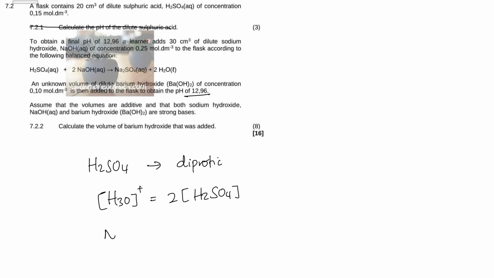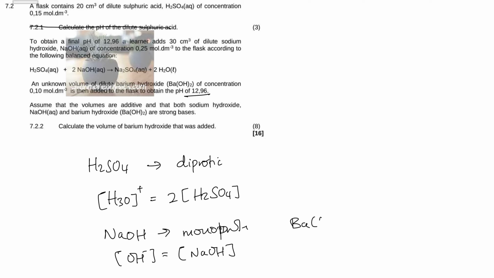The NaOH is monoprotic, so the concentration of the OH- is going to equal the concentration of the NaOH. And lastly, barium hydroxide, Ba(OH)2, is diprotic, meaning the concentration of the OH- is going to equal 2 times the concentration of the barium hydroxide.